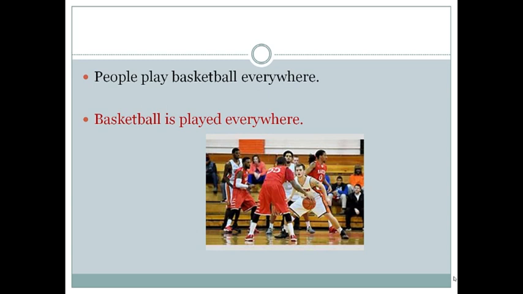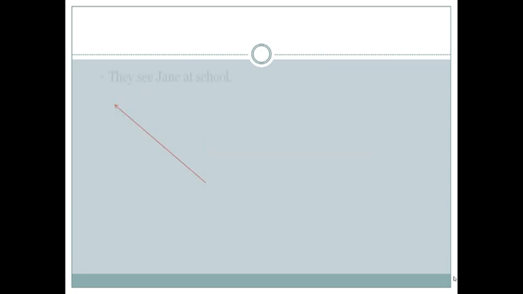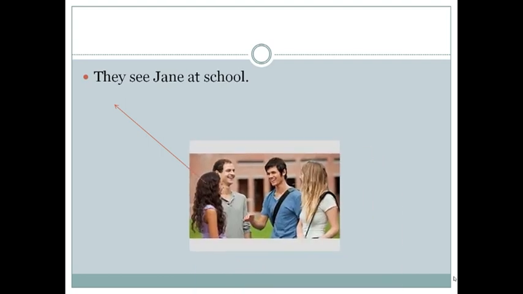Basketball is played everywhere. This is the passive form. They see Jane at school.